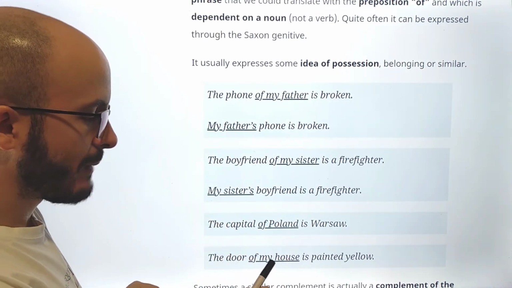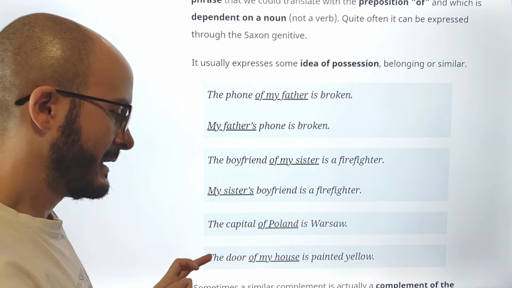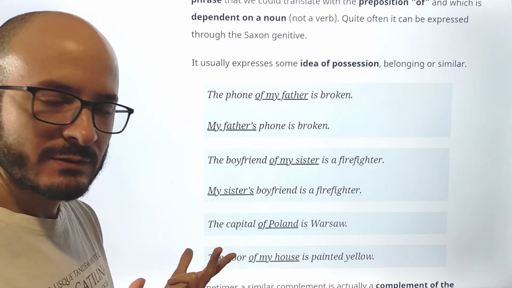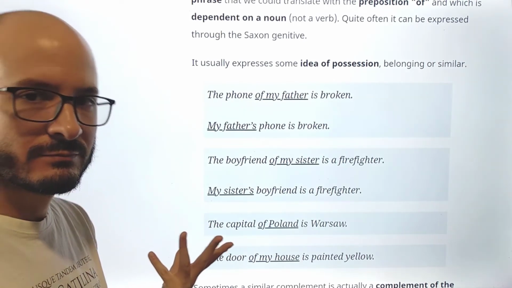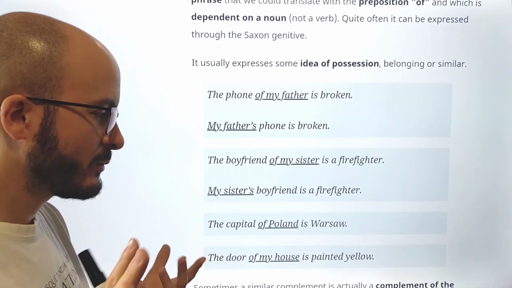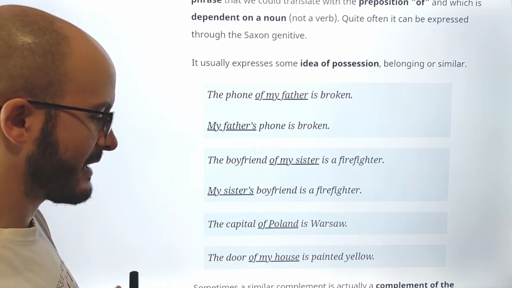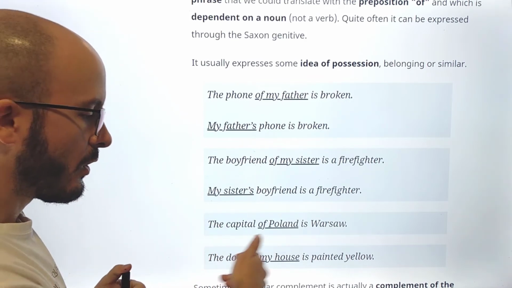And the door of my house is painted yellow. My house's door would also sound kind of weird. We really don't know if we would say that. Probably we would just say of my house.